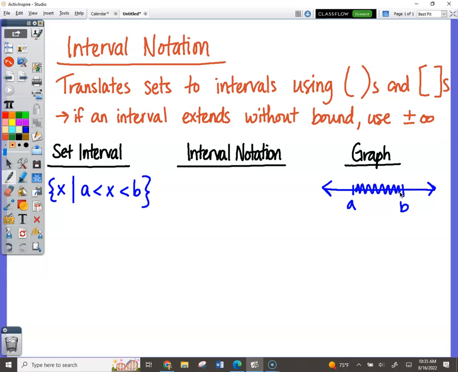parentheses. There's two ways to do this. You can do an exaggerated parenthesis, which I actually like for some people because then you are going to use parentheses when you write the interval notation. Or you can use open and closed circles.